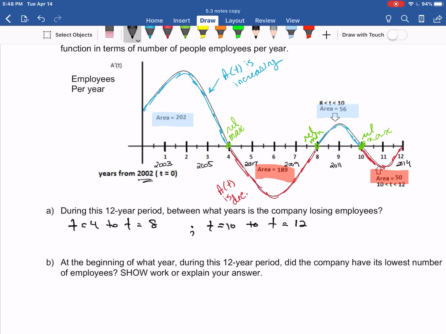Now, corresponding to years, that is from the year 2006 to the year 2010, and then when t is equal to 10, that corresponds to the year 2012. So from the year 2012 to the year 2014. All right, so we're looking for the parts of A prime that are beneath the x-axis.